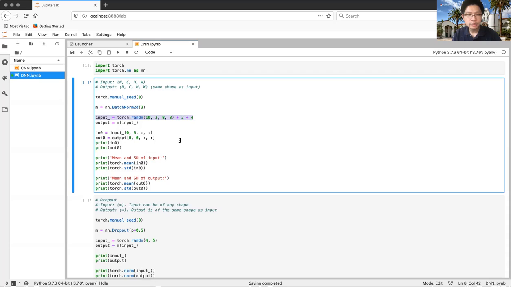Change overrides. So the first dimension, 10, is usually the batch size. It says there are 10 images in this current batch, okay? And each example in the batch has the dimension 3 by 8 by 8.